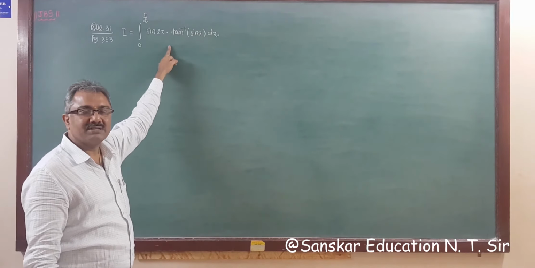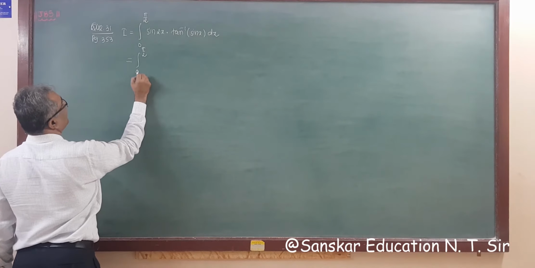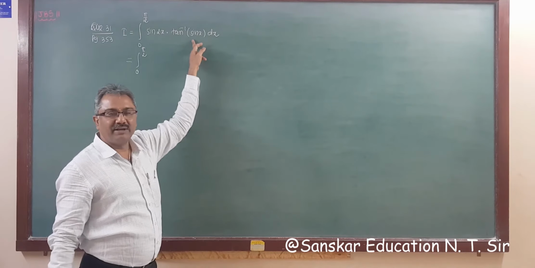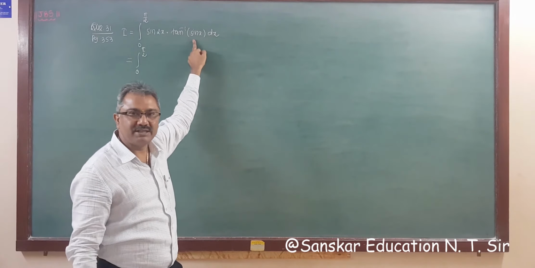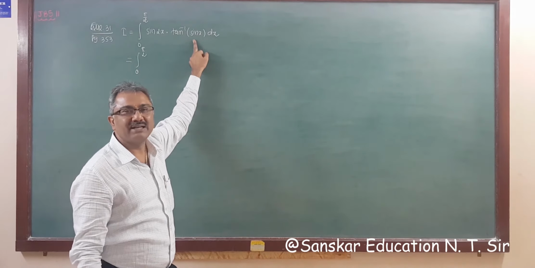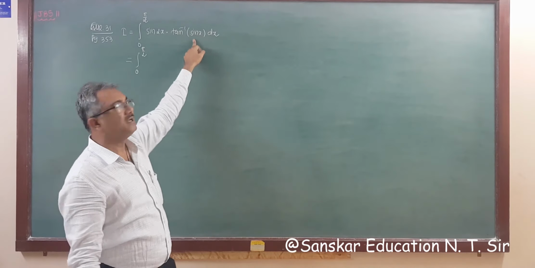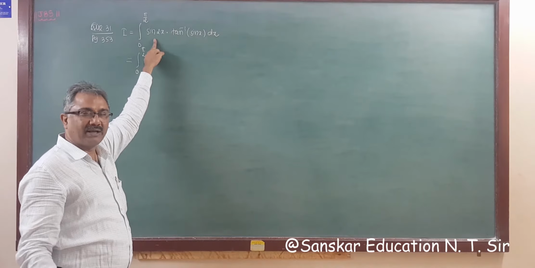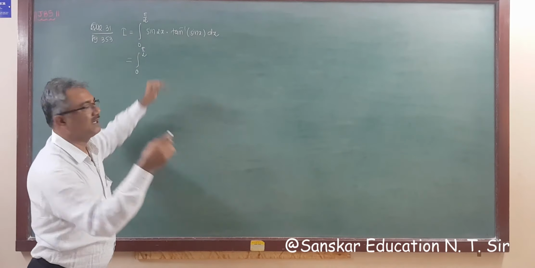So splitting this out, 0 to pi by 2. Once again, why we are going to split this and what we are going to do: we are assuming sin x is equal to theta or t, then the derivative is cos, but there is no cos here, there is sin twice x. So splitting this by applying the formula as 2 sin theta cos theta.